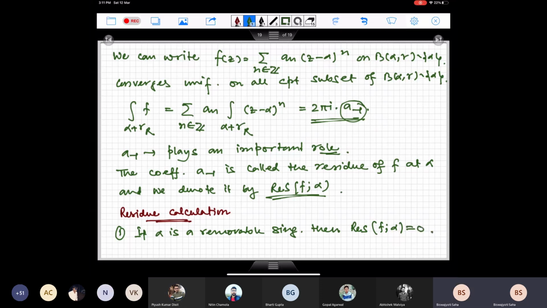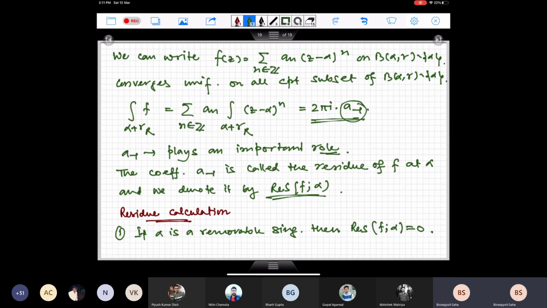This is equal to 0, of course. And now if somebody tells you that alpha is going to be a simple pole of f, then how do we calculate the residue? Calculating the residue is very simple in that case as well.